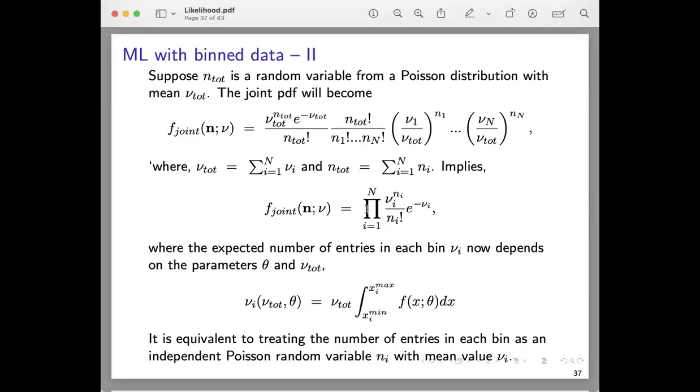Now, since n total is a Poisson variable, we get nu i as nu total times the probability to be in that bin, which is given by this f of x, theta, dx integrated over the bin edges. So now this becomes equivalent to treating the number of entries in each bin as some kind of independent Poisson variable.